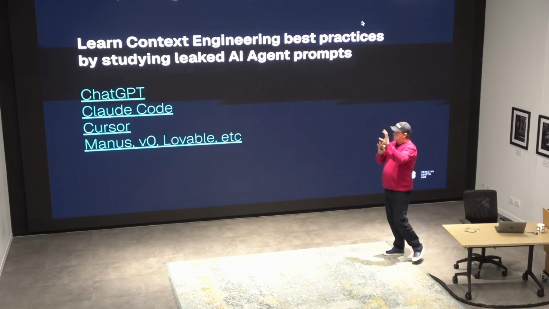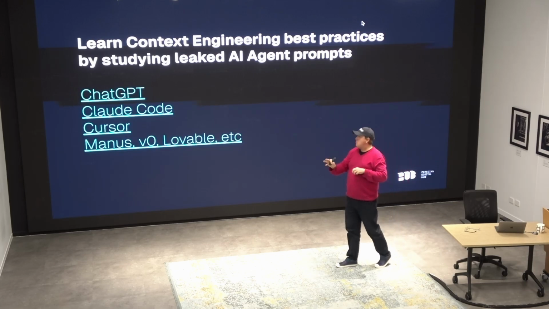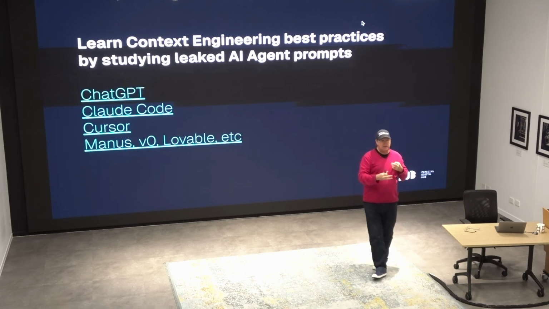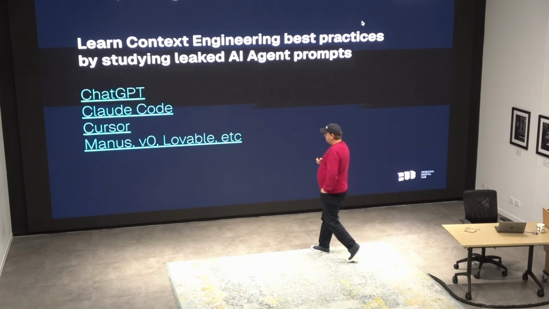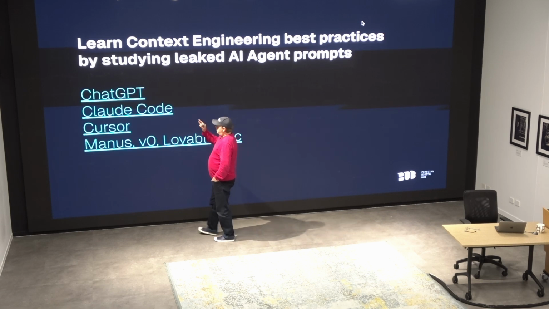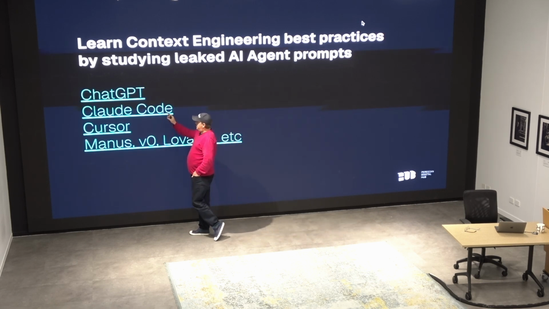You can see how they set up the different tools that it uses, how it uses memory, how they use anti-patterns to prevent it from doing certain things. It's very, very interesting. Claude Code is now one of the most popular AI agents for coding.